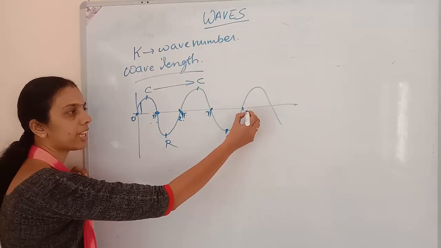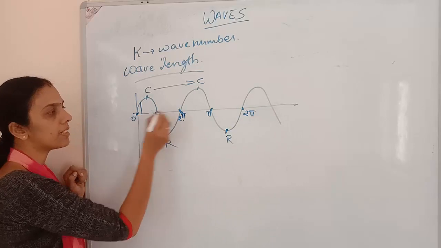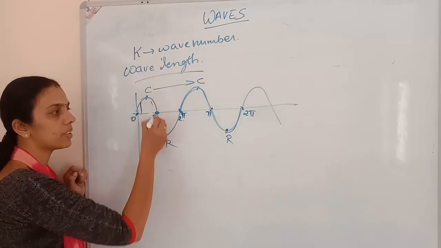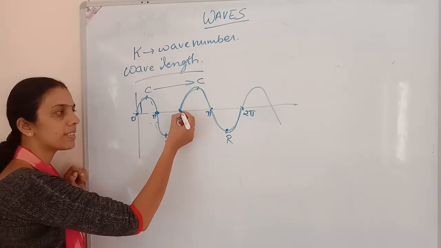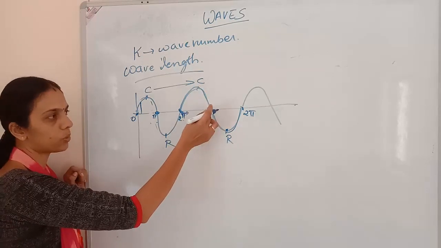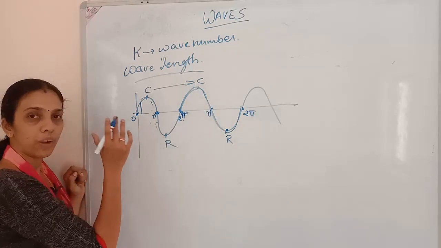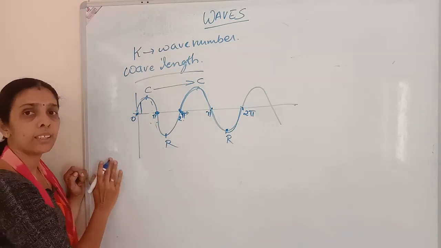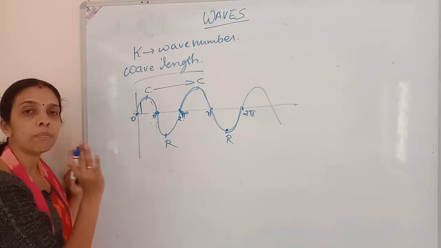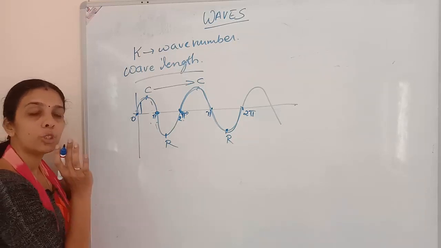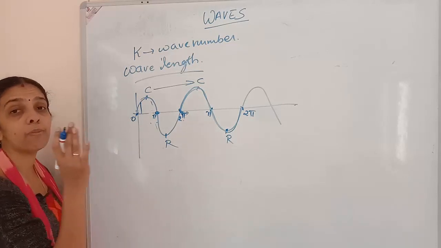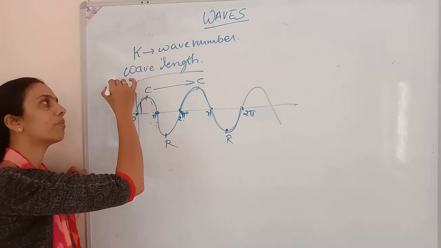This is the first wave, and this is the second wave. For the second wave this is 0, this is pi by 2, this is pi. So while we are considering two consecutive waves, the minimum distance between the two consecutive waves which are having the same phase, that is called a wavelength.